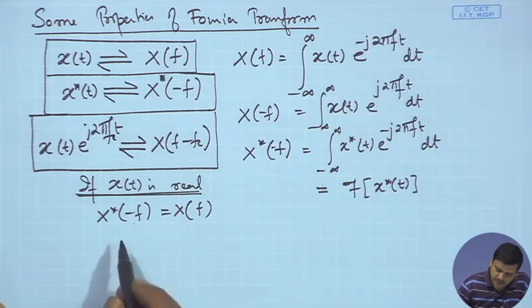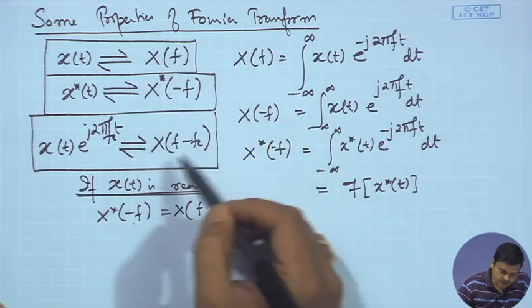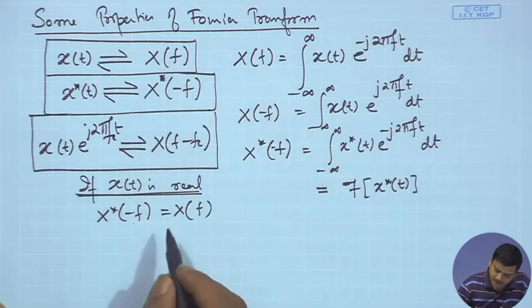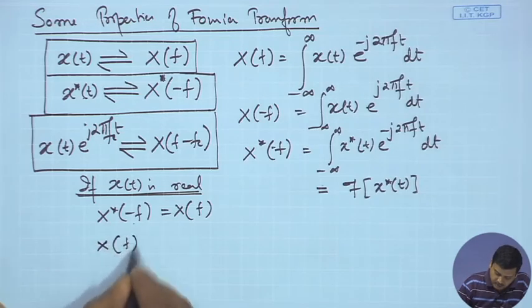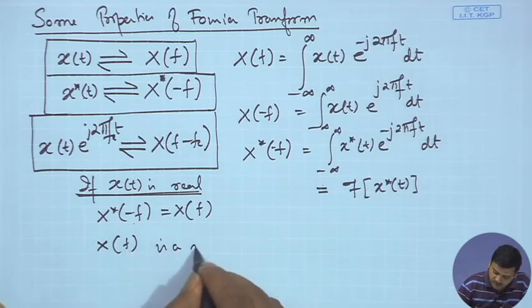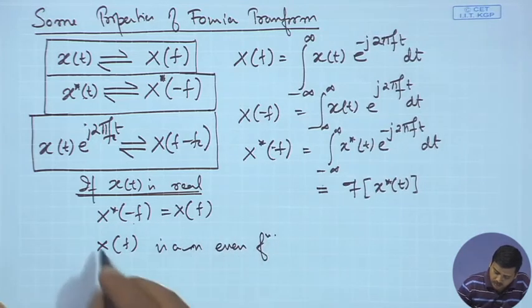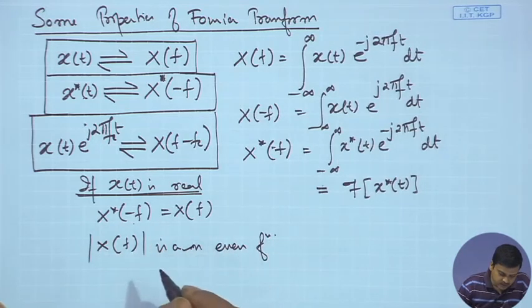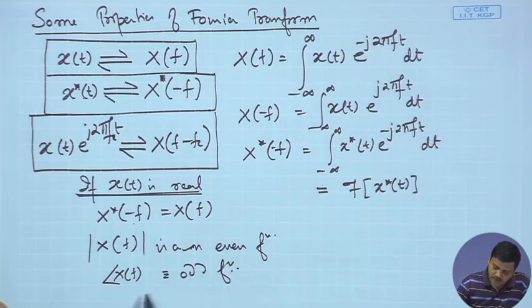Using this relationship along with the earlier relationships, we can say that the absolute value of X of f is an even function, and the angle of X of f is an odd function. So, these are the two important things that we can use.